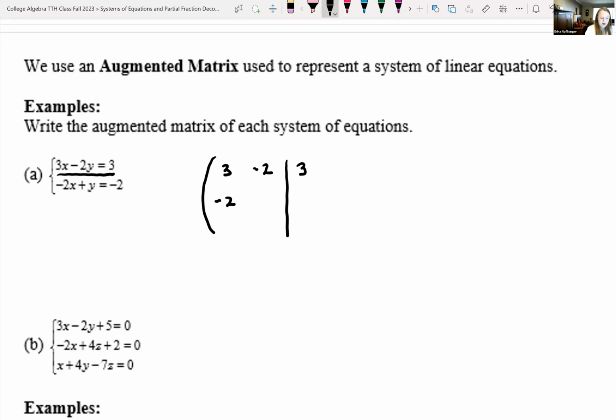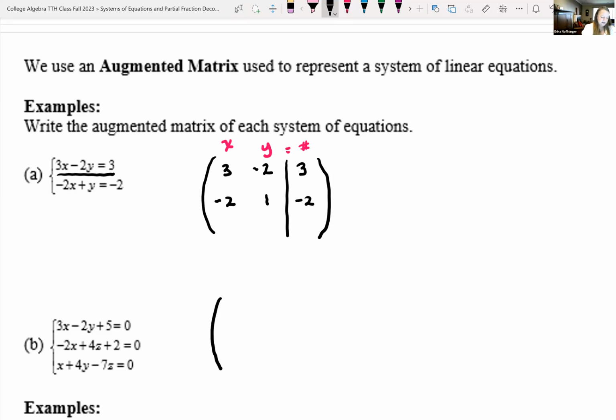The coefficient in front of y is 1. And then on the other side of that vertical line is negative 2. So the first column represents the x coefficients, in front of our x variables. And the second column is our y. And this is equal to some number. So you should be able to do that.